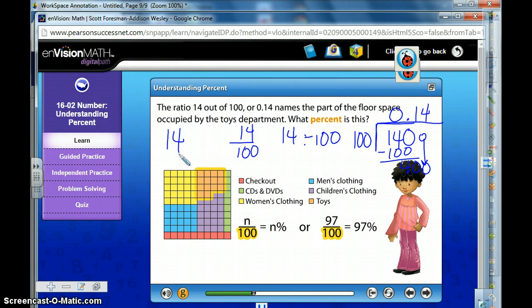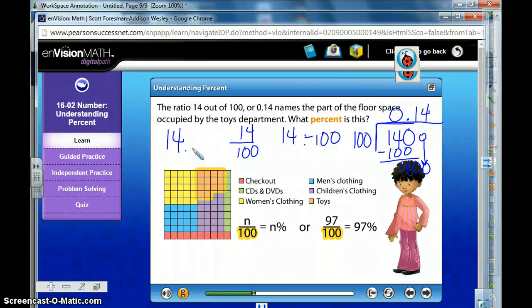Or, when we've learned about multiplying and dividing by powers of 10, every whole number has an imaginary decimal behind it. 14 divided by 100 would be this. When you divide, you're making something smaller. When you multiply, you're always going to get an answer that's larger than what you started out with.